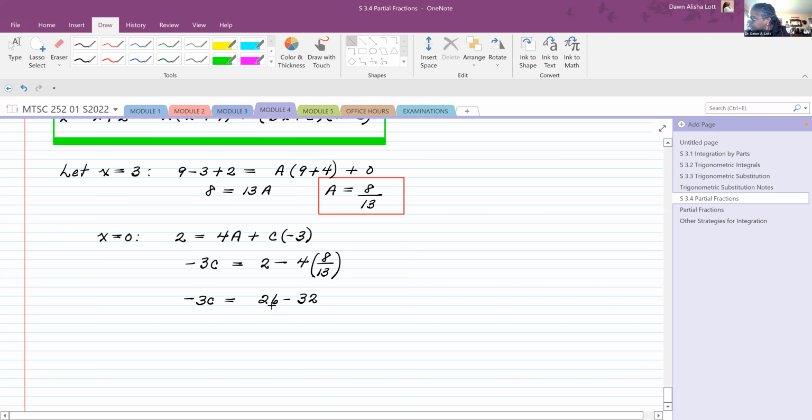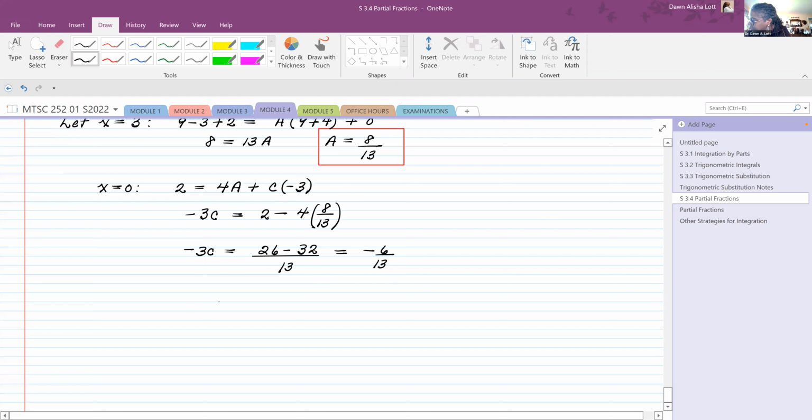That's common denominator, which is just -6 over 13. All righty, so now I can find c. So c is going to be -6 over 13 divided by -3, so that's going to be 2 over 13. So now I found c.